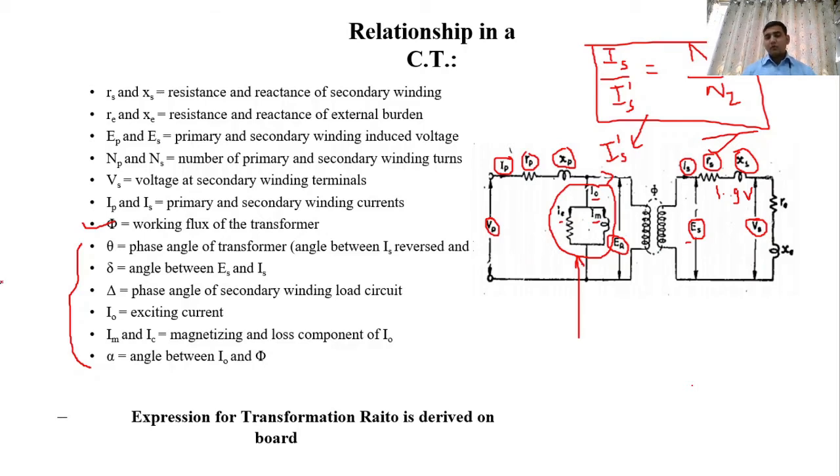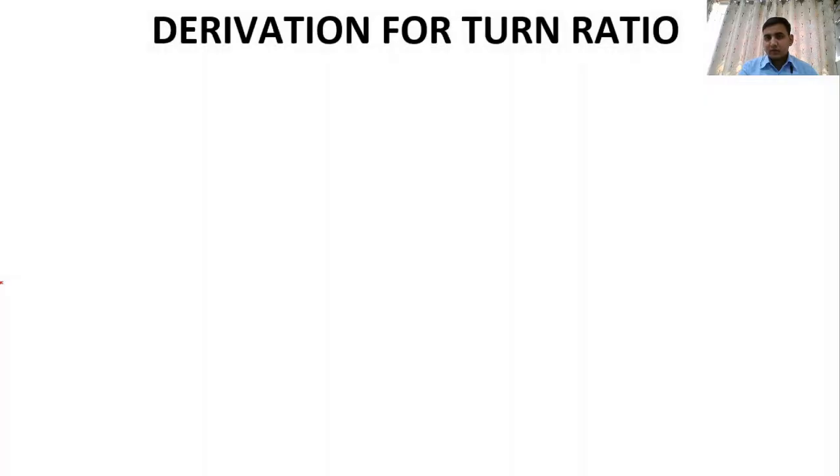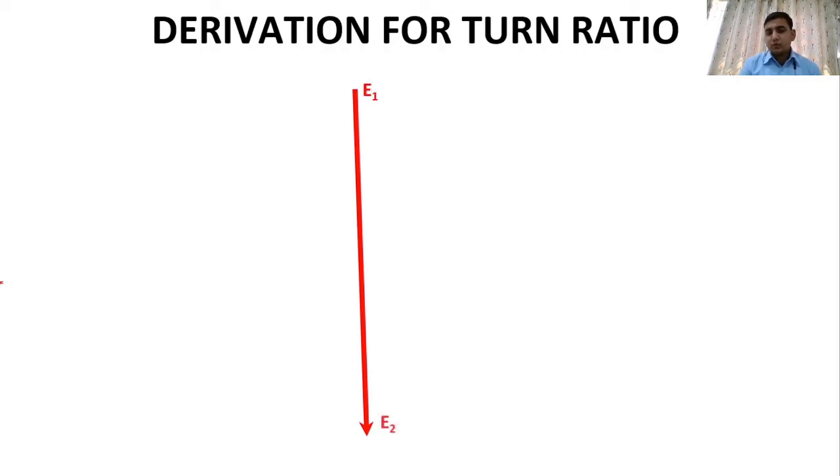Okay, now we will discuss this equivalent circuit diagram in terms of the phasor diagram also. Now when we talk about the phasor diagram of our transformer, we have E1 and E2 as the induced voltages, where the flux phi flowing in the core lags behind our induced voltage E1.